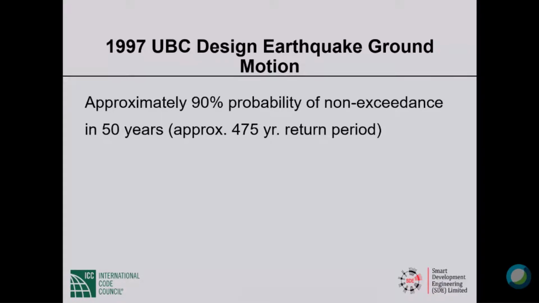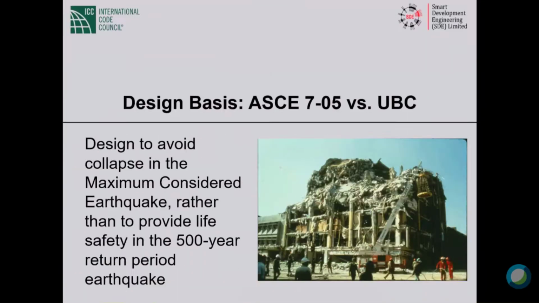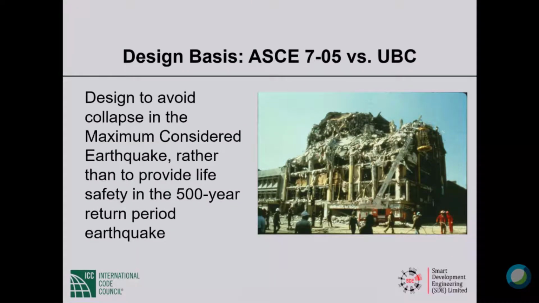Now, back in the UBC days, as I said, the design ground motion had a return period of 500 years, 475 years, 90% probability of non-exceedance in 50 years. And in those days we used to design for life safety in that design earthquake. People at least had to have a chance to evacuate their building at the approach of the earthquake.